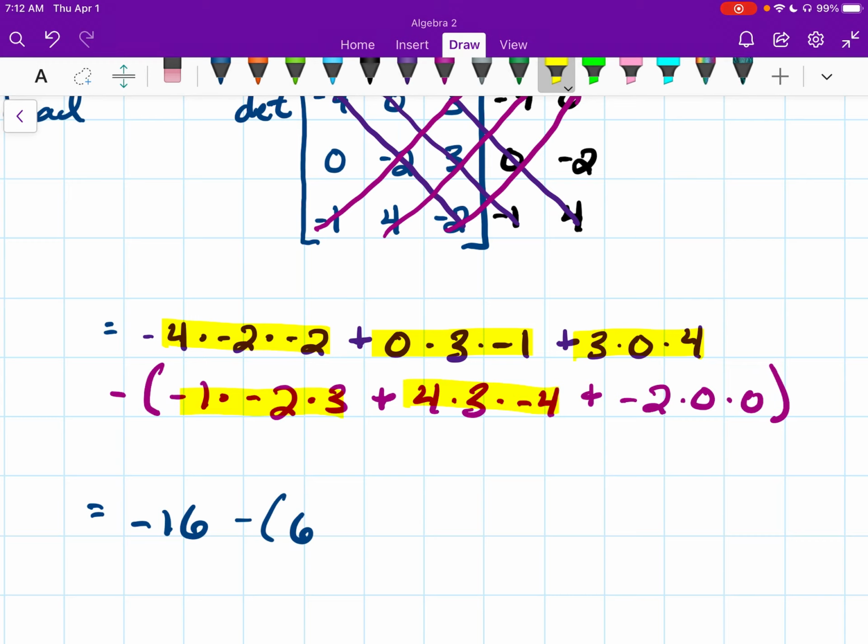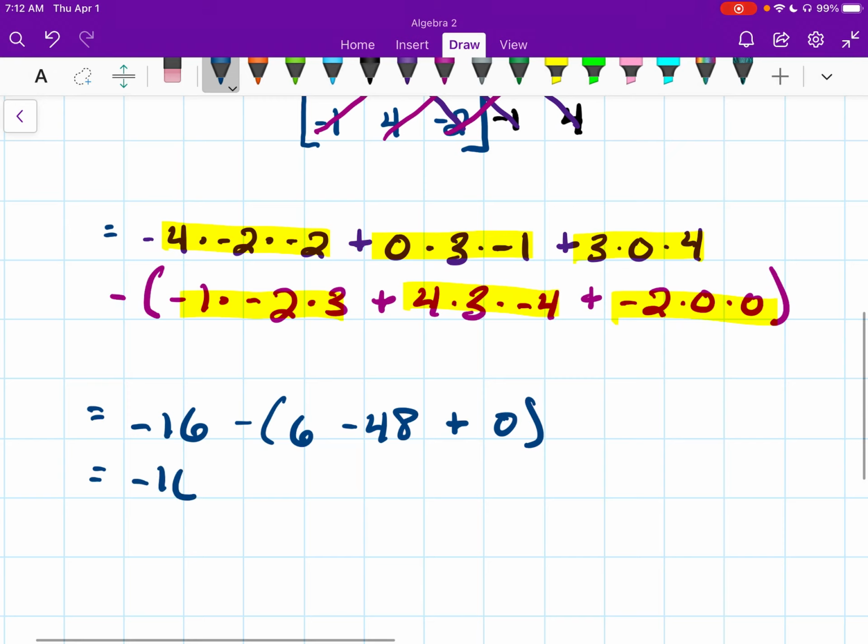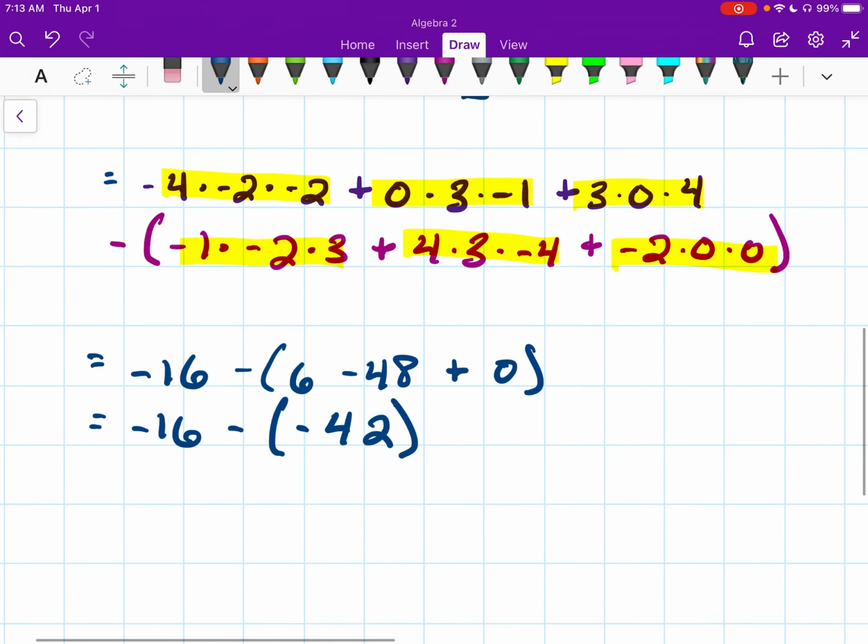That'll turn into, what is 16 times 3? 16 times 3 is 48. That'll be a -48. And this last piece will also be 0. -16 minus -42. So this will be -16 plus 42, which is 26.